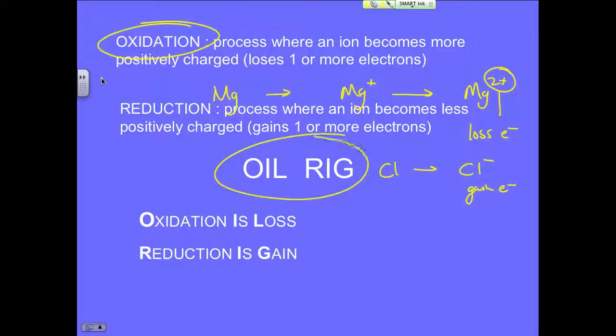So it's nice, this little mnemonic, OIL RIG. Oxidation is a loss of electrons, reduction is a gain.